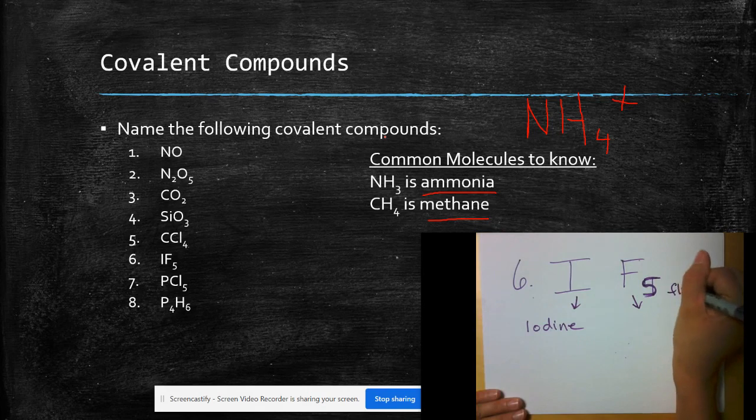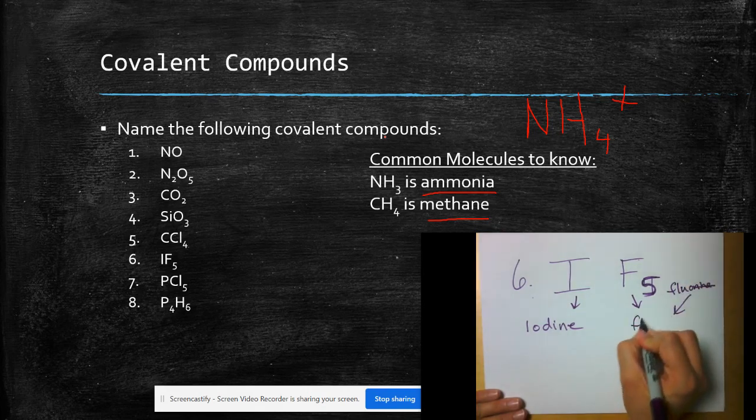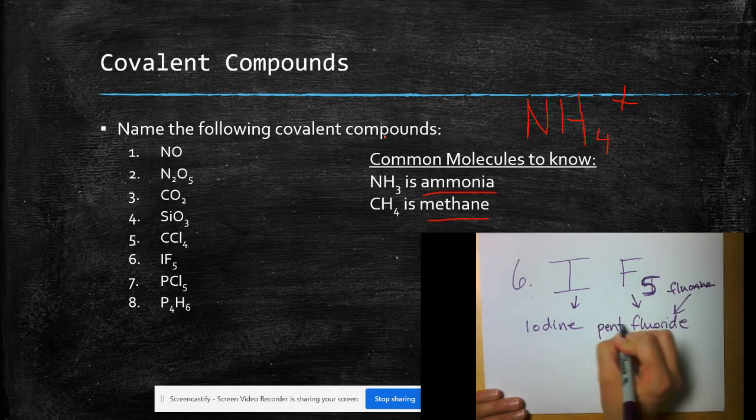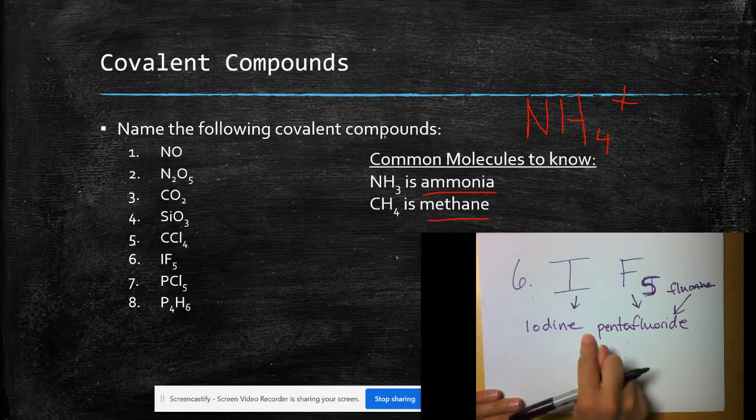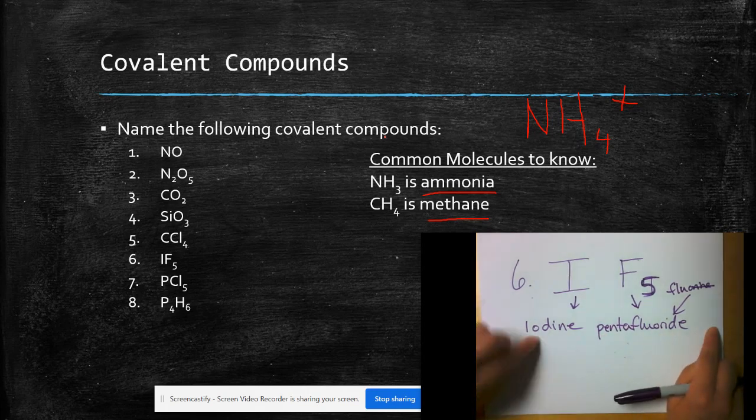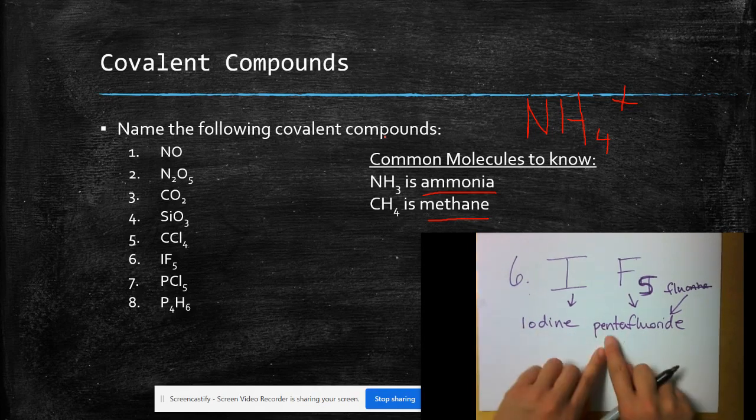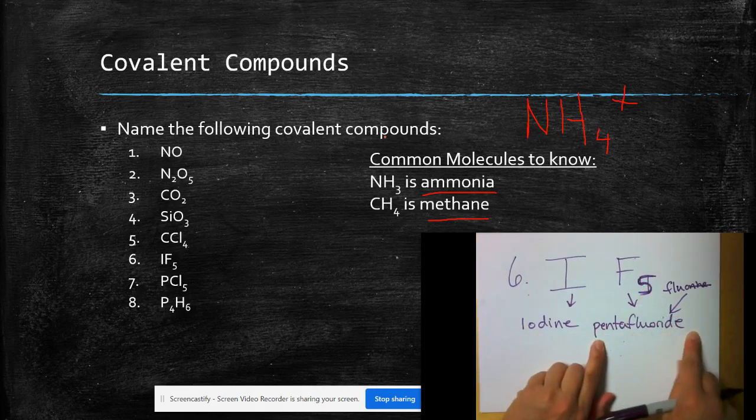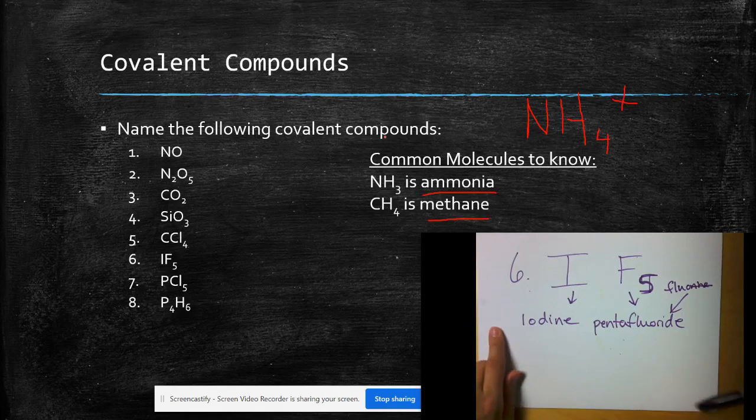This one is fluoride, and it comes from fluorine. Penta means 5, P-E-N-T-A. Iodide, iodine pentafluoride. I really want that to be iodide, apparently. But iodine, just like the element, then penta, that's the 5, fluoride. Imaginary 1, but we don't write the mono.